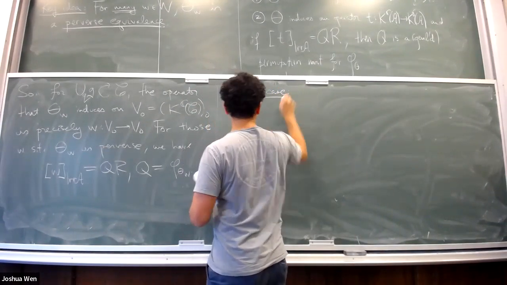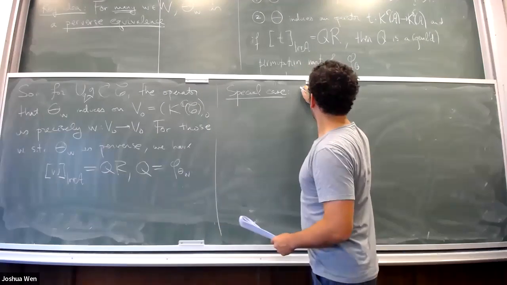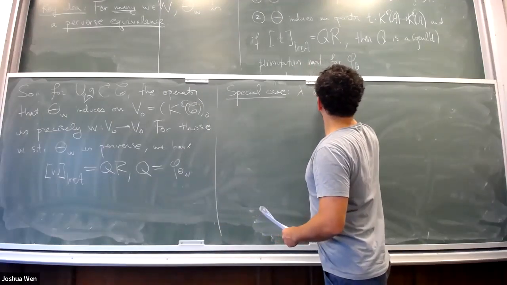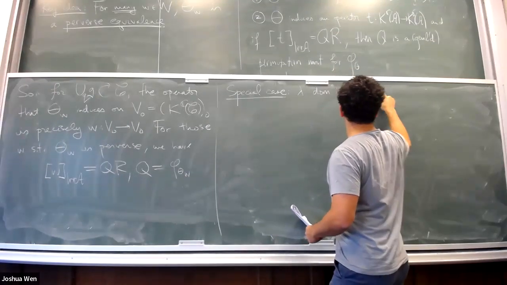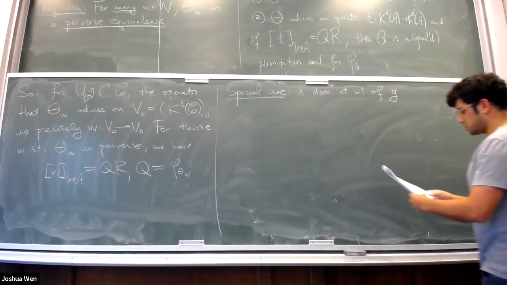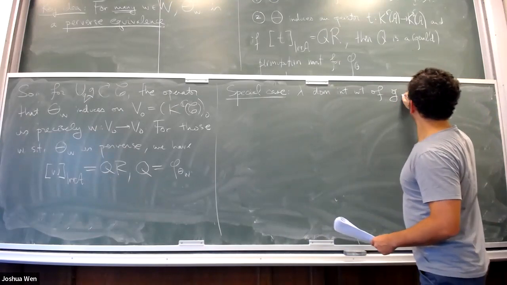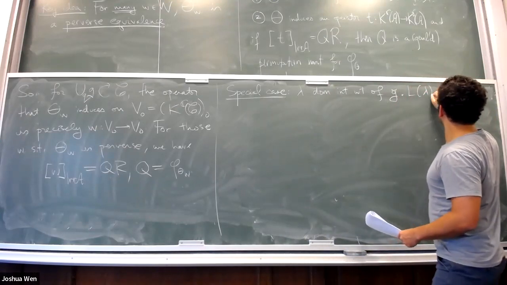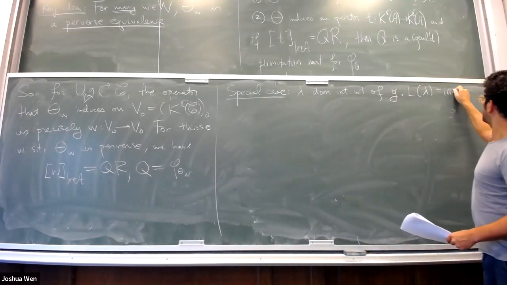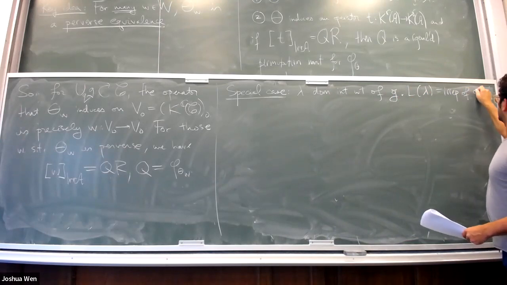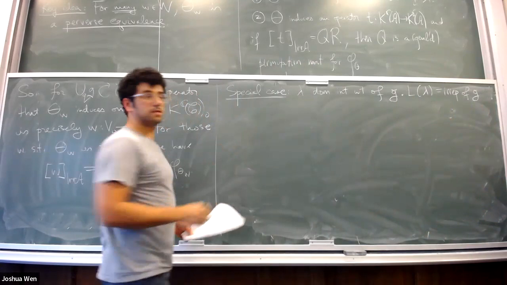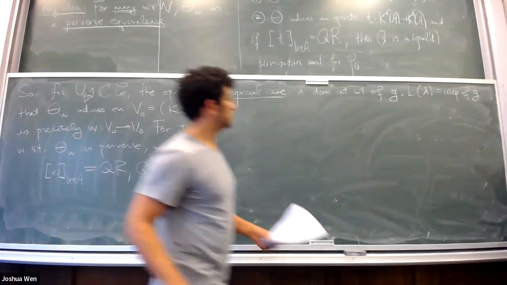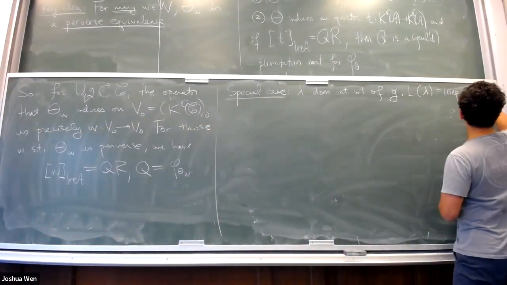So, special case: let's take lambda, a dominant integral weight of my Lie algebra G. Let L lambda be the corresponding irrep of G, or in the setting I've been talking about, an irrep of the quantum group.